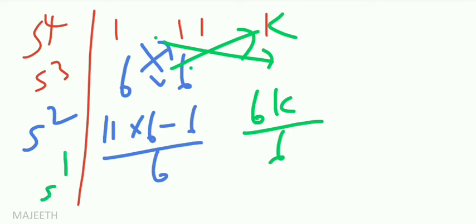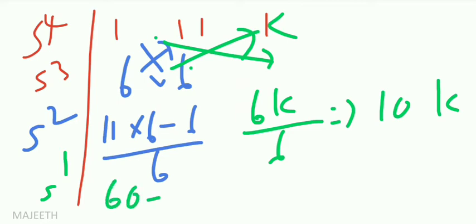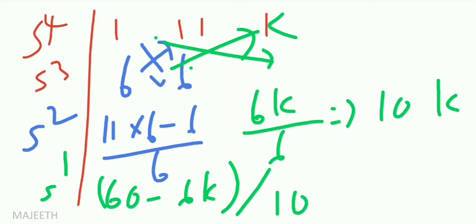So this is giving 10 comma k, right? 66 minus 6 is 60, 60 by 6 is 10, 6k by 6 is k, so 10 comma k. Here again, if you reduce that, what you get is 60 minus 6k divided by 10, right? Clear or not?